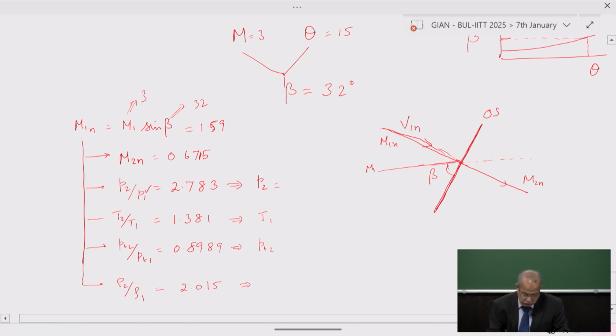So what is the value for P2? 2.82 bar. T2 is 414.3 Kelvin.